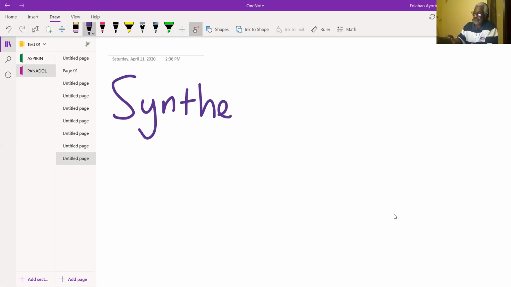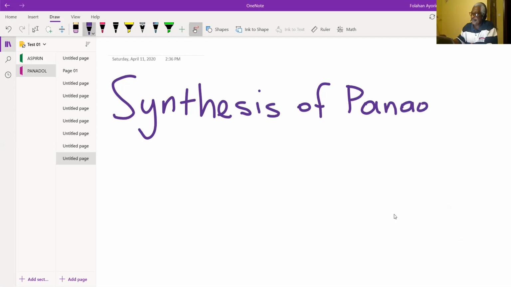See what I'm doing here, writing as though I'm in the classroom, synthesis of Panadol. In the US, Panadol is referred to as Tylenol.